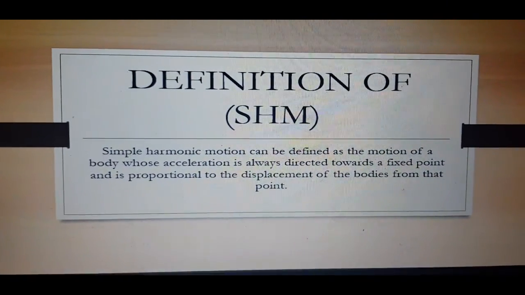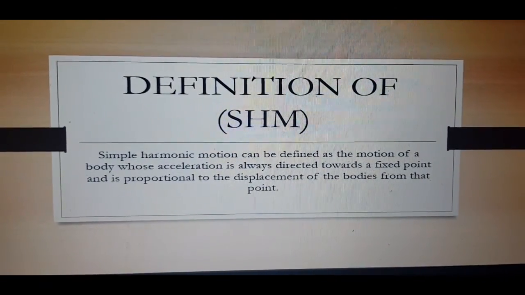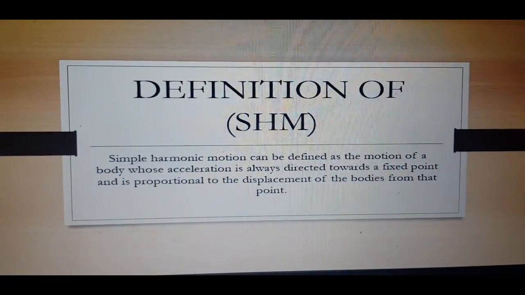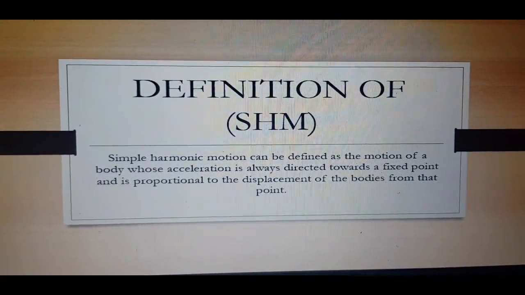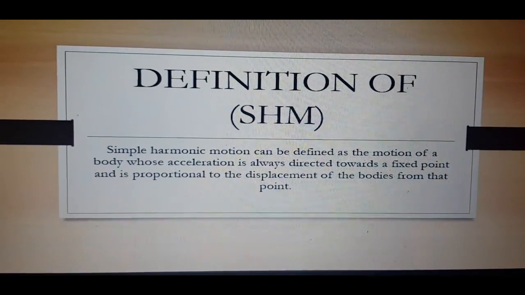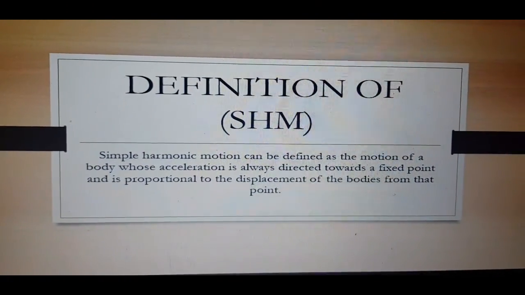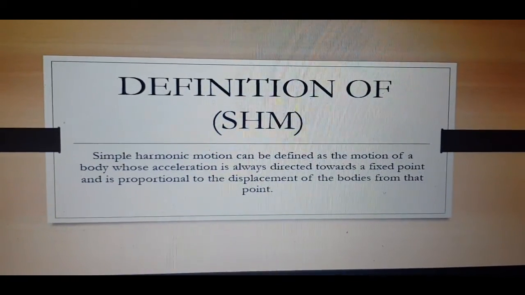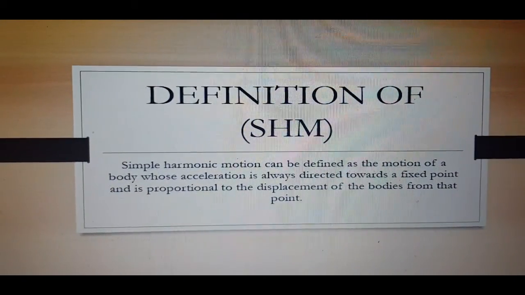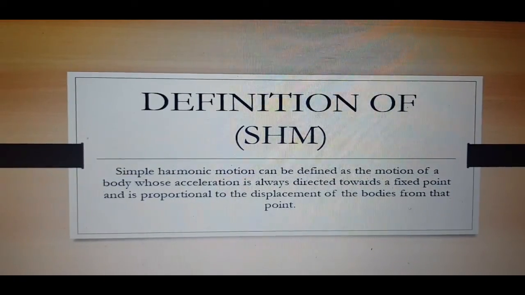Simple harmonic motion can be defined as the motion of a body whose acceleration is always directed toward a fixed point and is proportional to the displacement of the body from that point. So when we say simple harmonic motion, it is the motion of an object or a body whose acceleration is directed toward a fixed point.